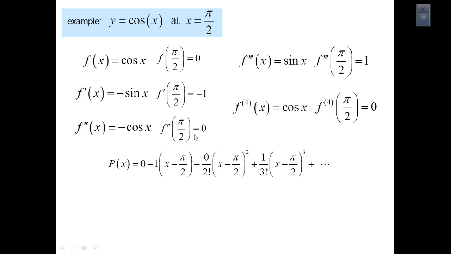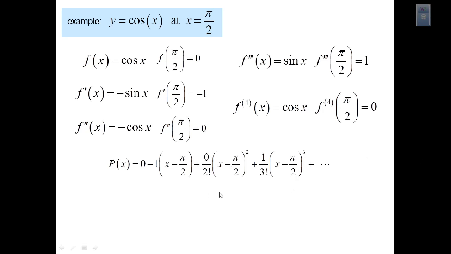So when we put everything in, we've got a sub 0 plus a sub 1 times (x minus pi over 2) to the first power, plus 0 over 2 factorial times (x minus pi over 2) squared, plus 1 over 3 factorial times (x minus pi over 2) to the third power, and that continues and continues.